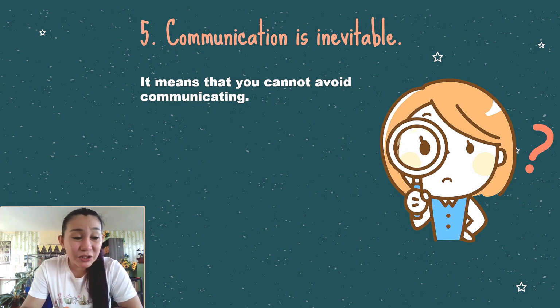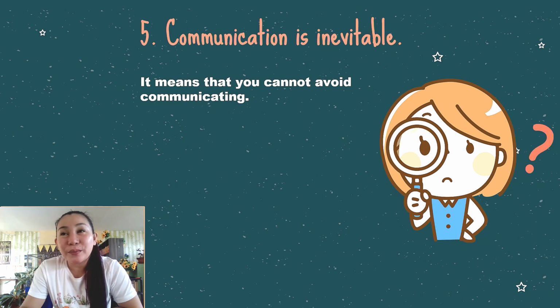And that is communication. Sometimes it simply means that you cannot avoid communicating. Why? The truth is, we are communicating constantly, always we are communicating. And even when you do not want to communicate, you are communicating.